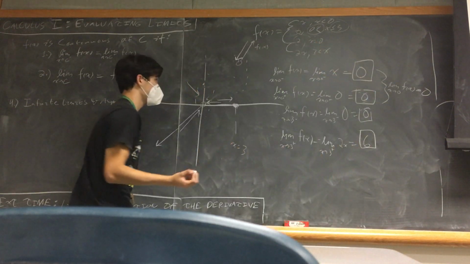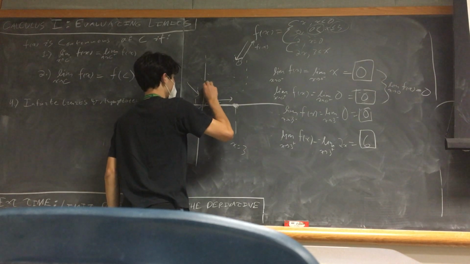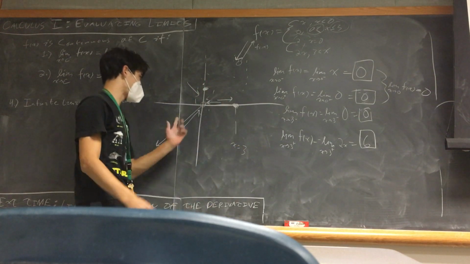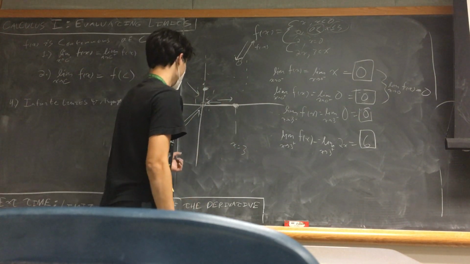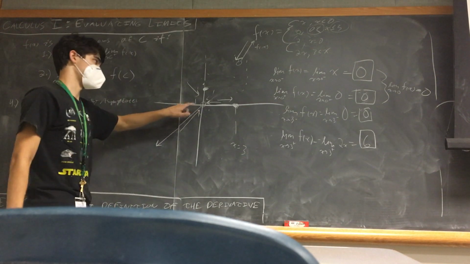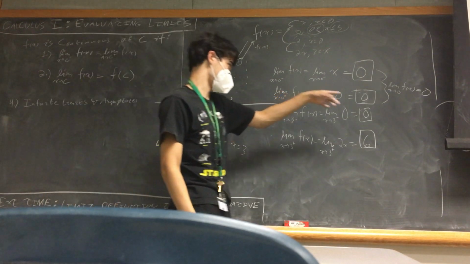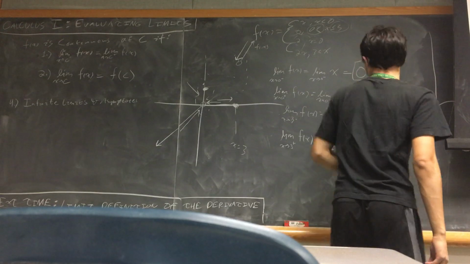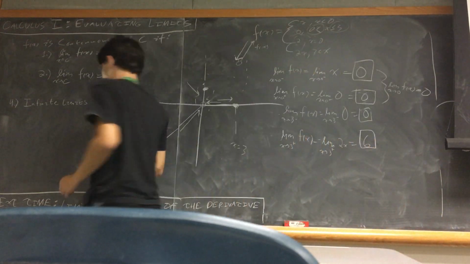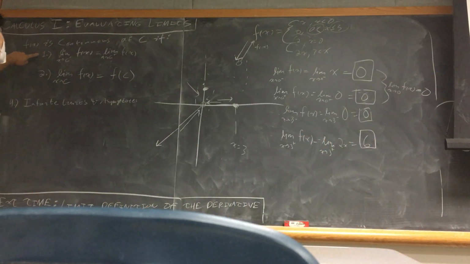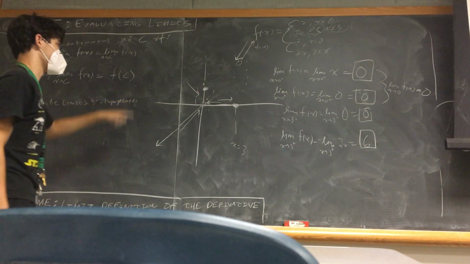The limit from the left and the limit from the right as x approaches 0 don't change. So we still have that the limit as x approaches 0 of f of x is equal to 0. So we still satisfy the first requirement. Let's look at the second requirement: the limit as x approaches c of f of x is equal to f of c.